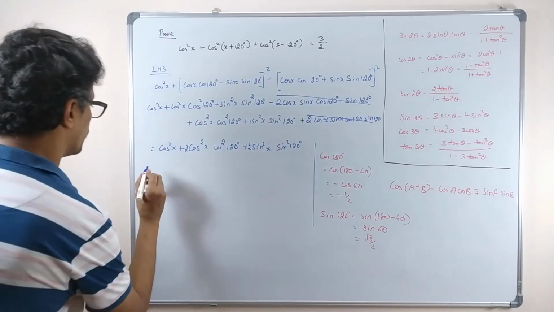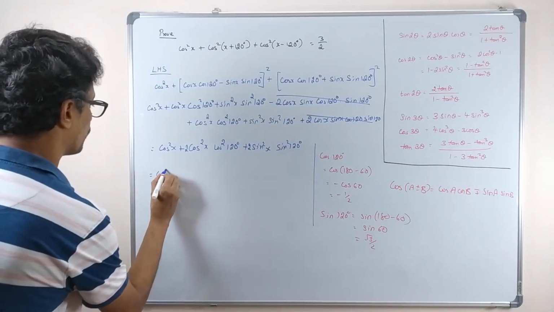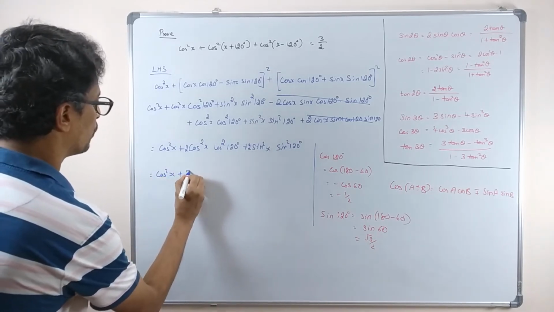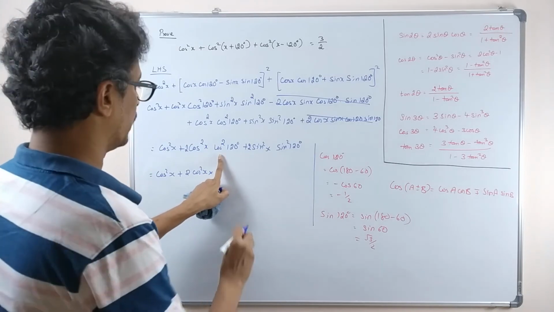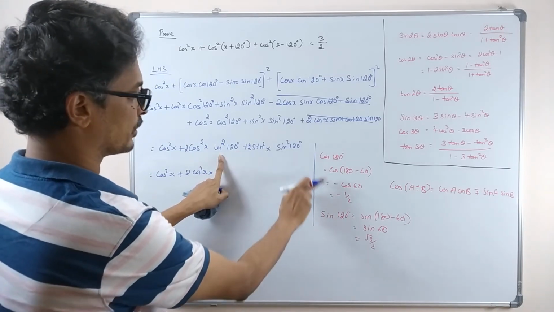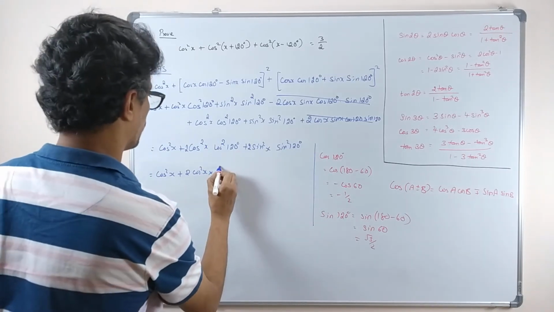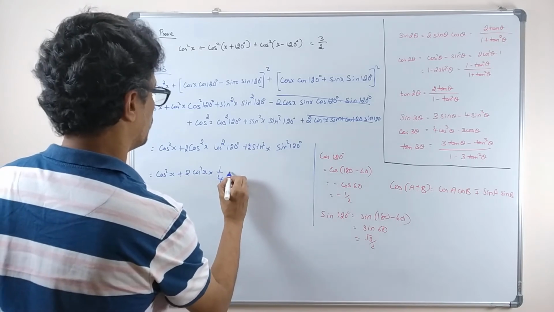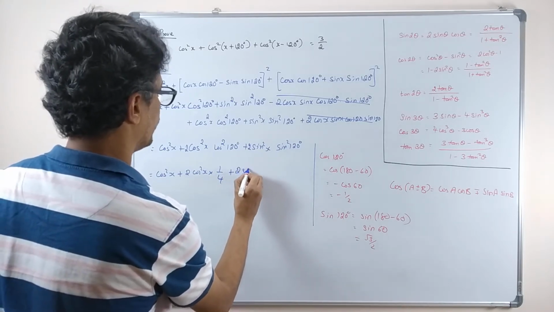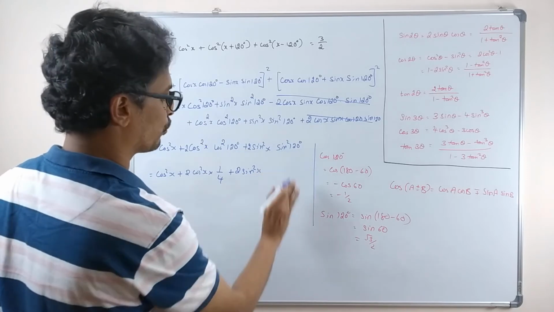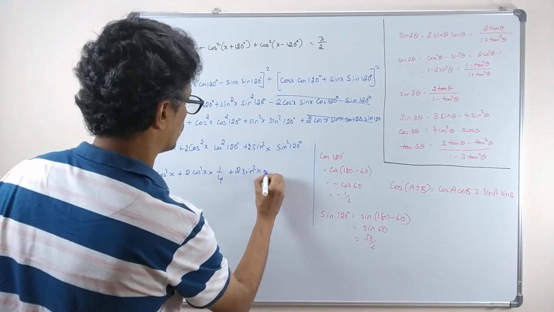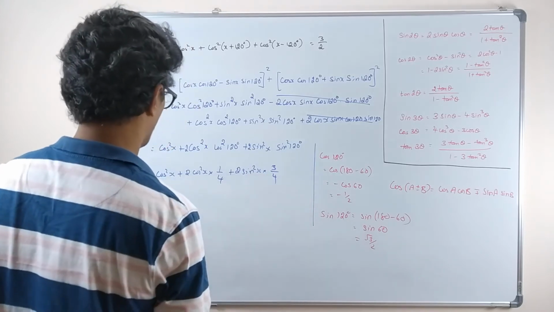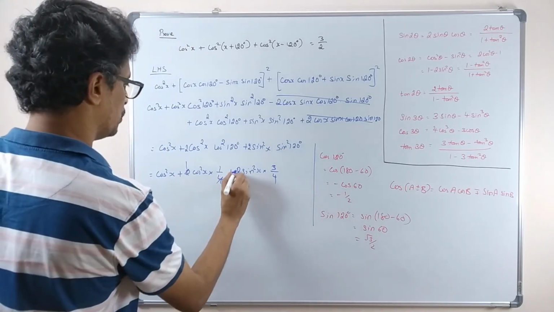So now this is equal to cos square x plus twice cos square x into cos square 120. Cos square of 120, that is this one, right? 1 by 4. Plus 2 sin square x into sin square of 120, 3 by 4. Correct? So this makes it 2.